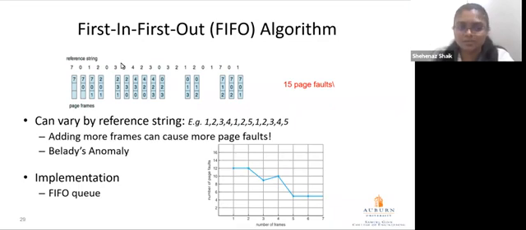We save it back to the backing store, and then release that physical frame, and allow the newly arriving page to be placed in that particular memory frame. So that is in brief the approach taken by this FIFO algorithm.